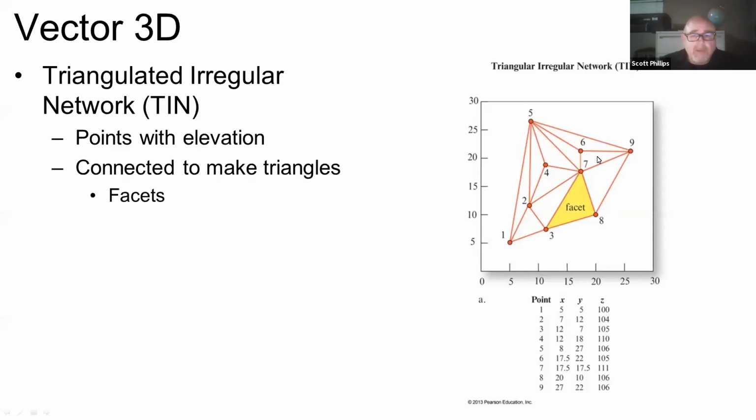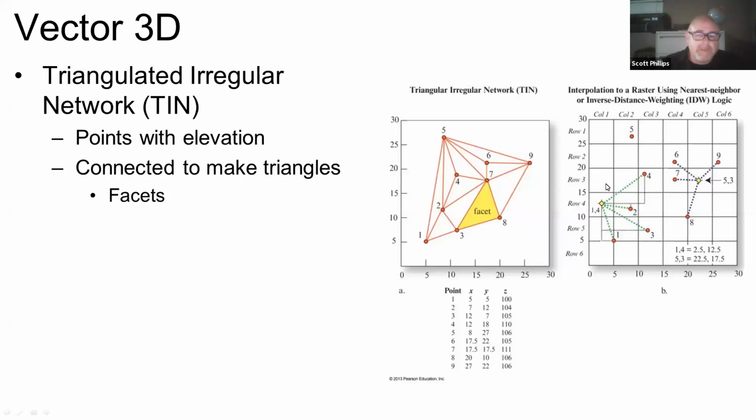And what it does is create a set of triangles in between these points that are called facets. And these facets are just a three-dimensional triangle created in between these point elevation values. This is in some ways used for other graphical design, like making video games as well.